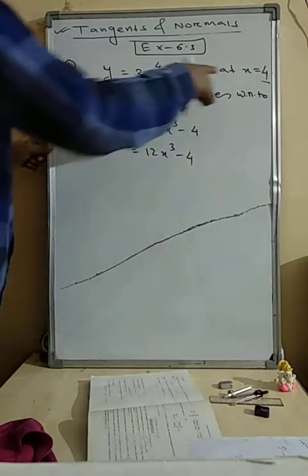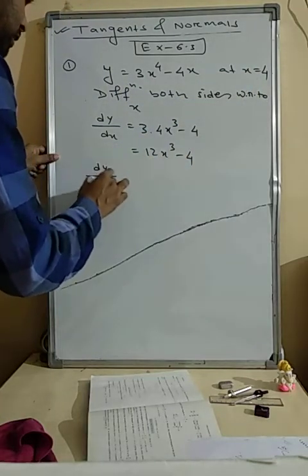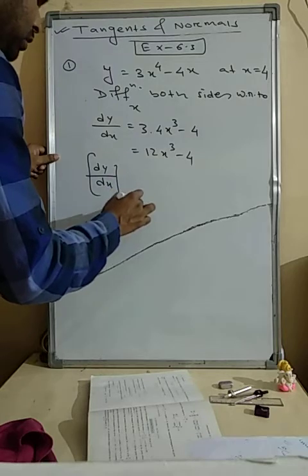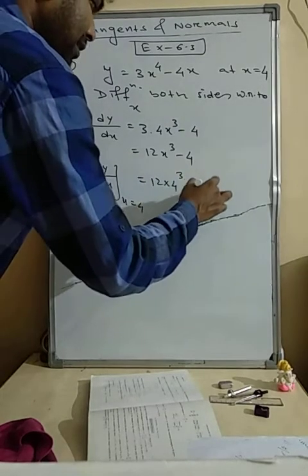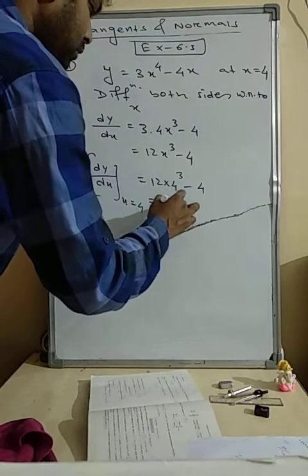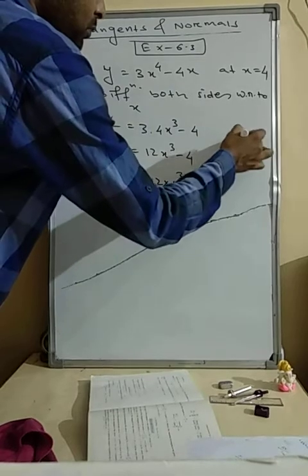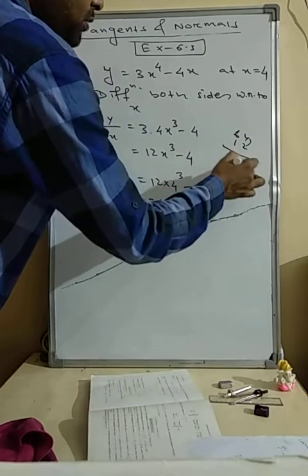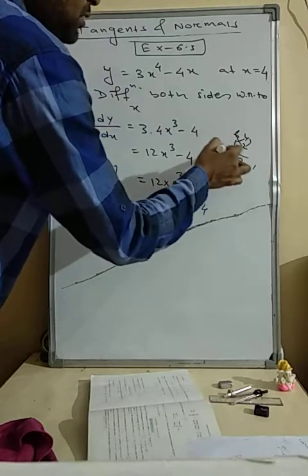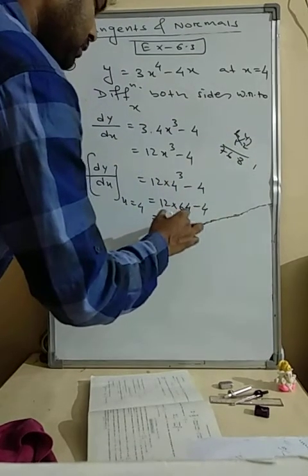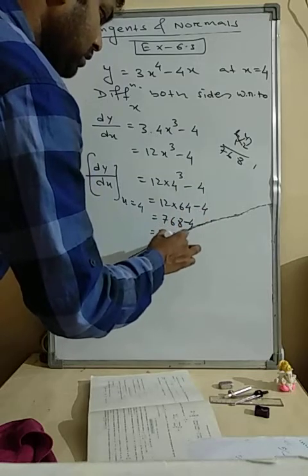Now once it is given at x equal to 4, at this particular point, you put dy/dx when x equal to 4. Then at that particular point exactly we will get the slope of the tangent. 12 into 64 minus 4. So you multiply 64 into 12, that is 768, minus 4, that is 764.